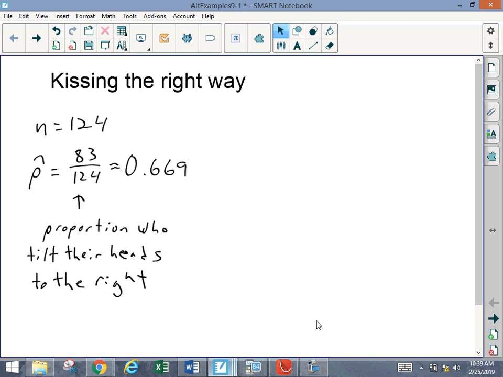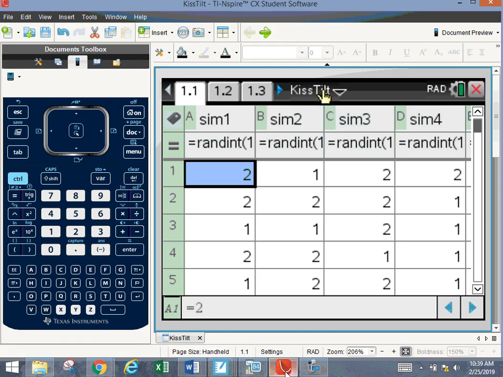So what I did was I had the calculator generate random 1s and 2s. I believe a 1 represents tilting to the right, a 2 represents tilting to the left.